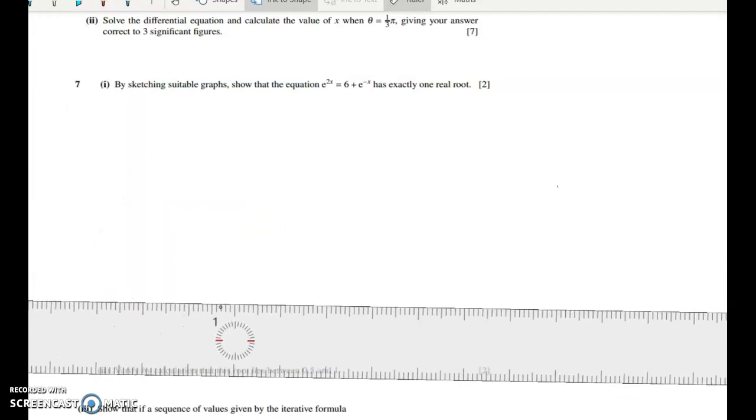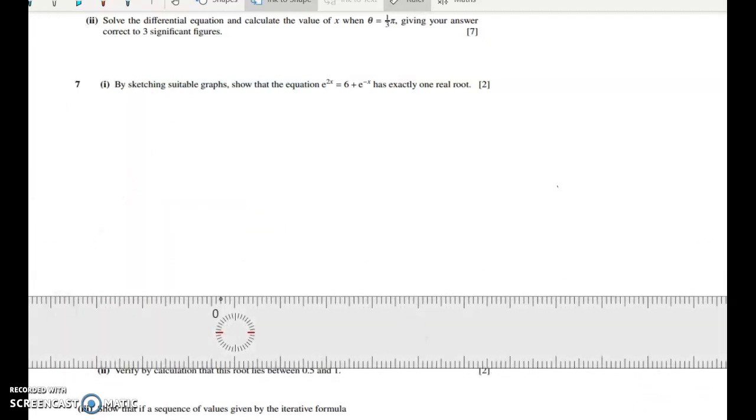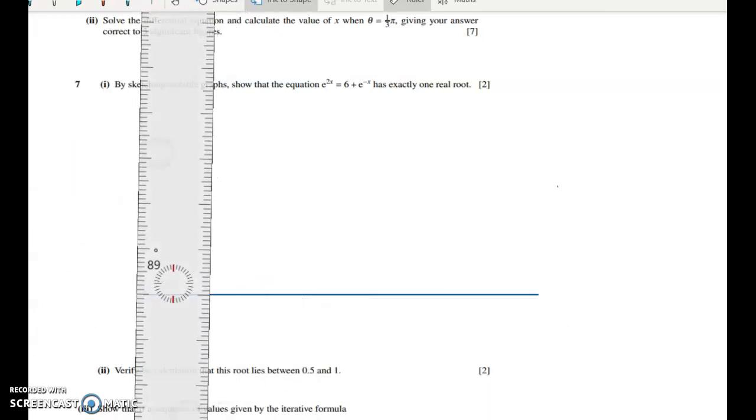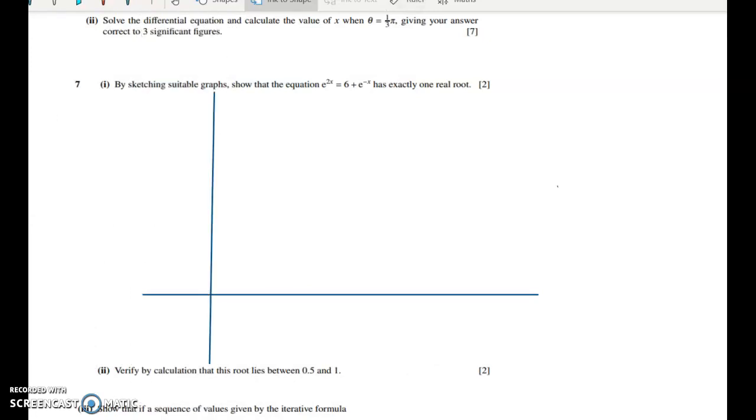So we're going to start off by just thinking about what kind of bit of the graph we want to draw. And here, so let's get that there like that. And when I did this for my worked solutions, I counted off in centimetres where I wanted my points to be. So we know that e to the 2x is going to have a shape like that.